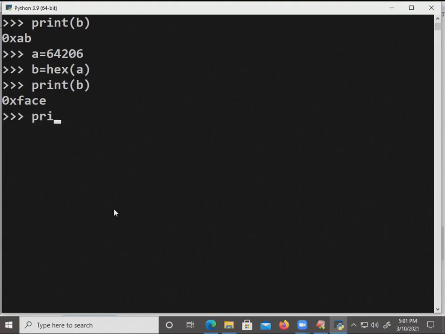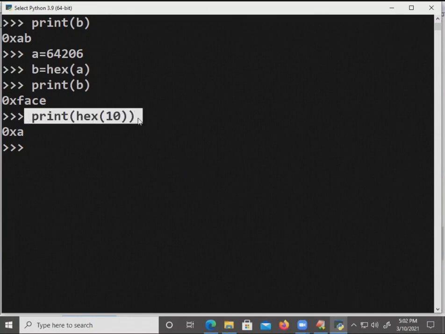Sometimes they will ask you directly like this: print of hex of 10. What is 10? A decimal value, which is converted to hexadecimal. What is the result? 0xa. Are you understanding? So like that we can take it.